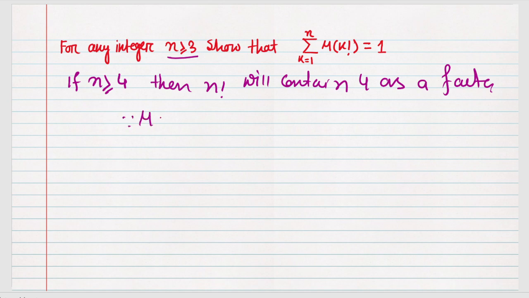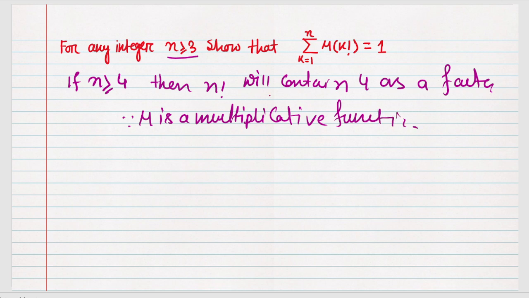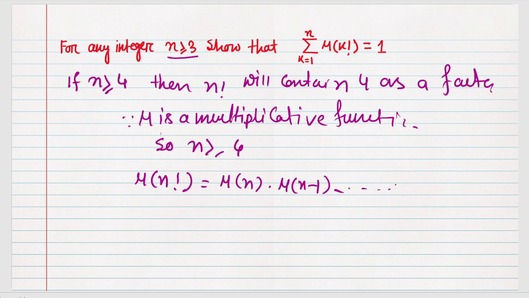Since mu is multiplicative in nature, for n greater than or equal to 4, mu of n factorial will be mu of n dot mu of n minus 1 dot and so on, mu of 4, mu of 3, mu of 2, mu of 1, which must be equal to 0, because there exists mu of 4. 4 is not a square-free number, because in the prime factorization of 4 there exists a square, that is 2 squared, so the value of mu of 4 must be equal to 0.